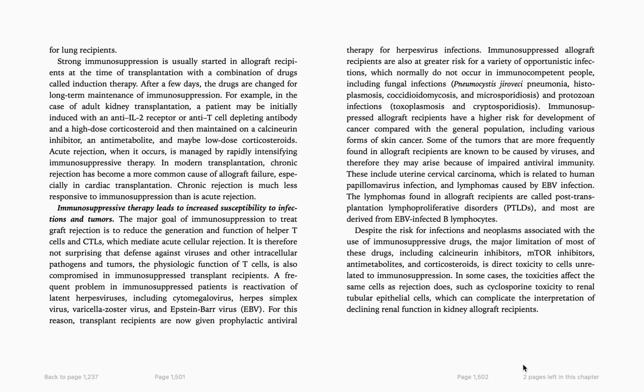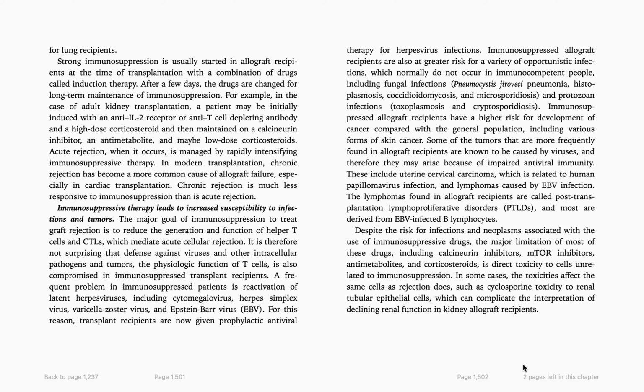The major goal of immunosuppression to treat graft rejection is to reduce the generation and function of helper T cells and cytotoxic T lymphocytes, which mediate acute cellular rejection. It is therefore not surprising that defense against viruses and other intracellular pathogens and tumors, the physiological function of T cells, is also compromised in immunosuppressed transplant recipients.